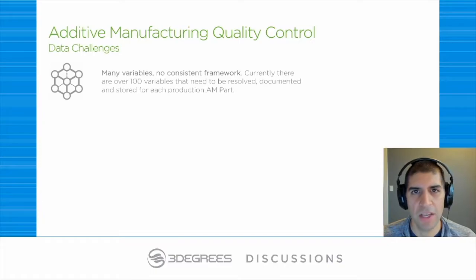When we think about 3D printing, there's a handful of things that are apparent immediately if you're a user of the technology. You have a lot of variables, but not necessarily a consistent framework. Regardless of whether you're using metals, polymers, composites, or a combination of all of those, each process and each machine has its own unique workflow.